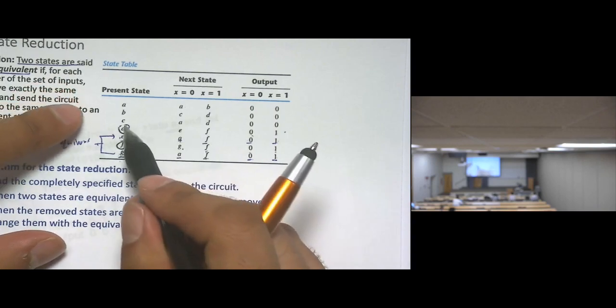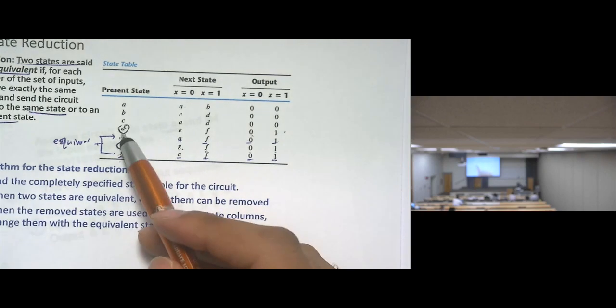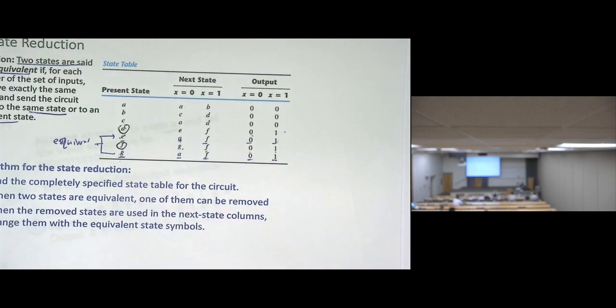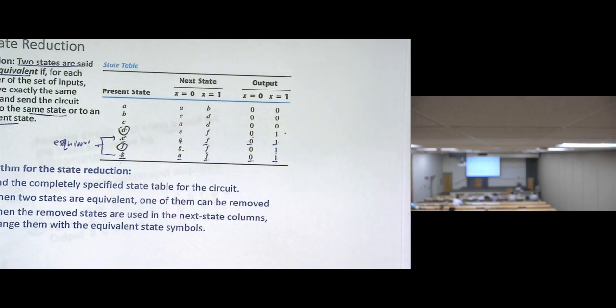So that's why we can say D and F are the same. You need to pay a lot of attention when you do this state reduction. So after doing the first reduction, we will find that those are the same.